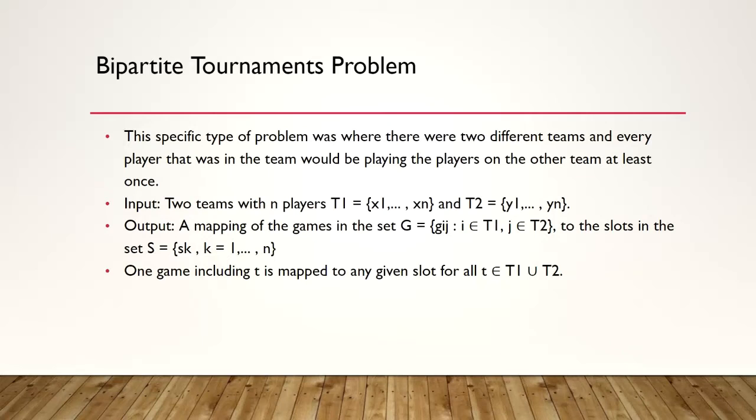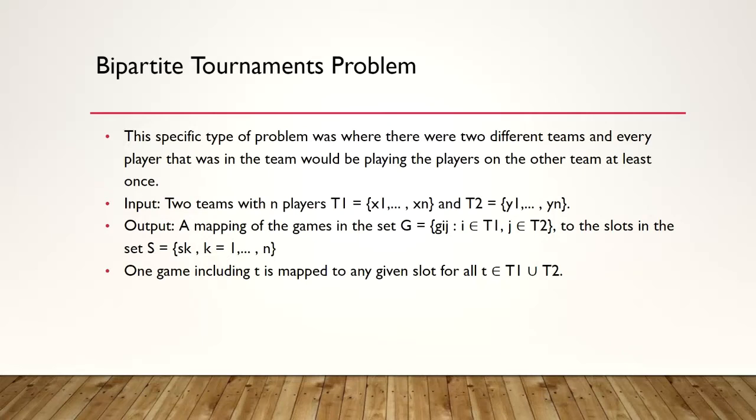So we'll take two inputs, the n number of players of teams 1 and 2. As described, x of 1 to x of n is the set of players in team 1, and y of 1 to y of n is the set of players in team 2. Note that the size of these teams should be the same.